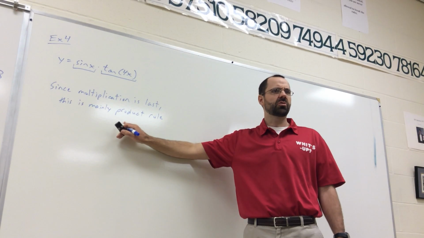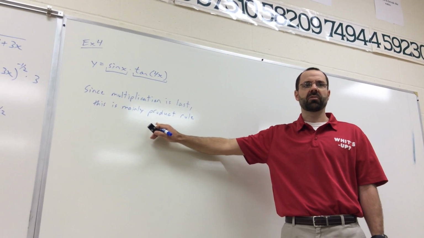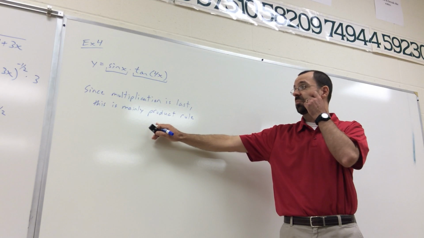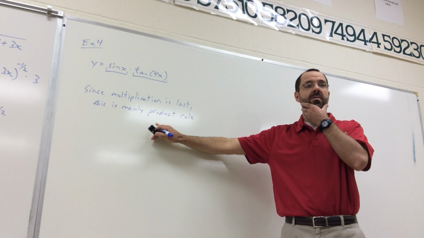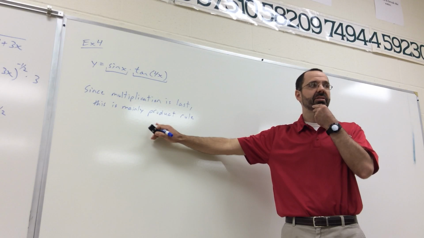So this is kind of tricky for people to figure out, so that's why I'm making sure I write it down. This one is mainly a product rule because the multiplication is happening last.